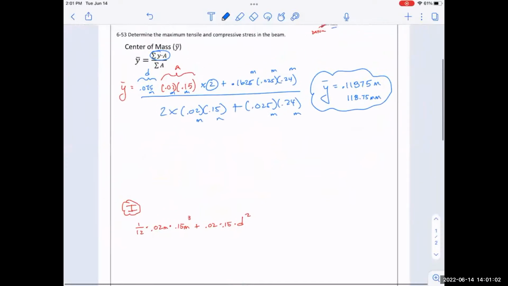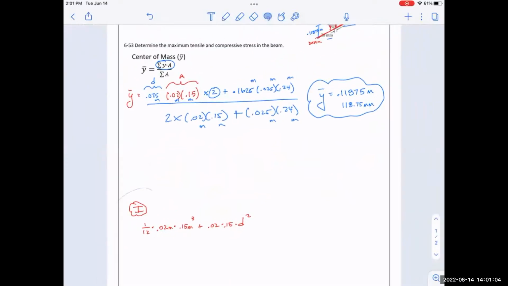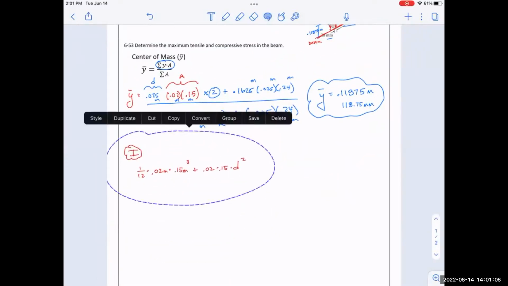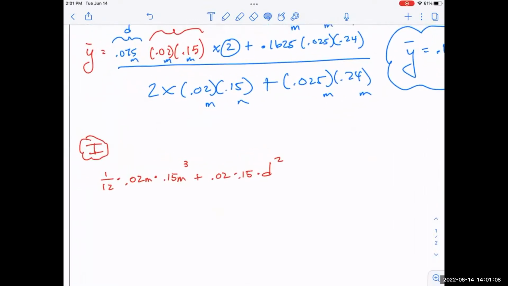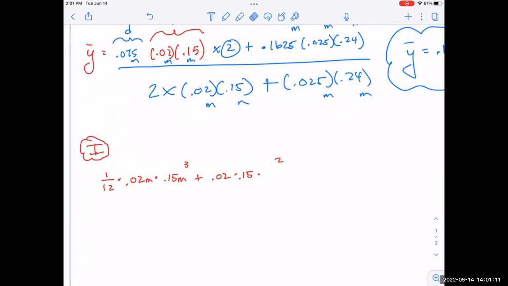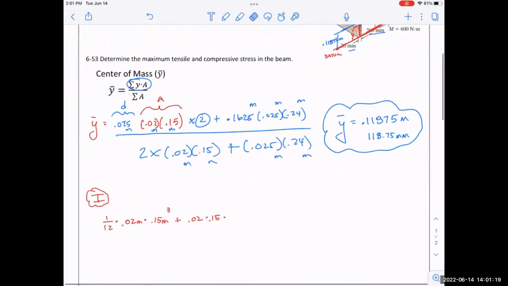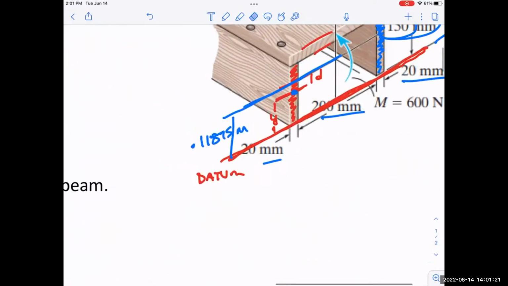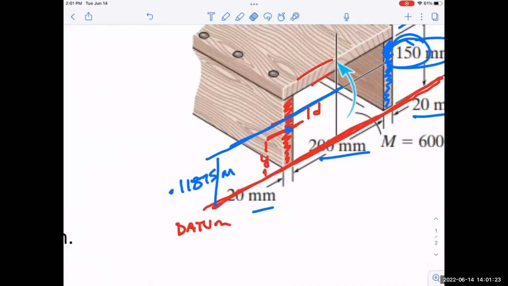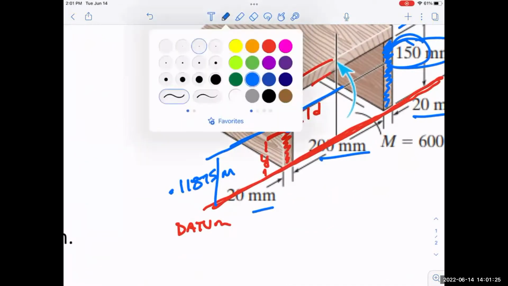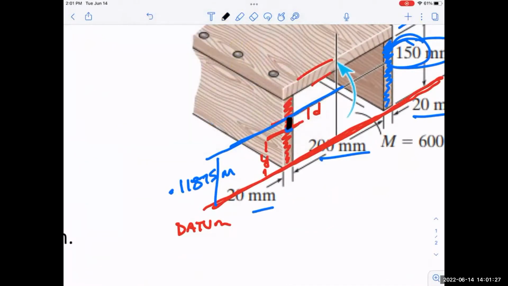Okay, so meanwhile, back at the wrench, what are we doing for I then? That it's y bar minus. Yeah, see, the key is how far is it from here to here? This is the distance we need. Because we know where the center of our little rectangle is.